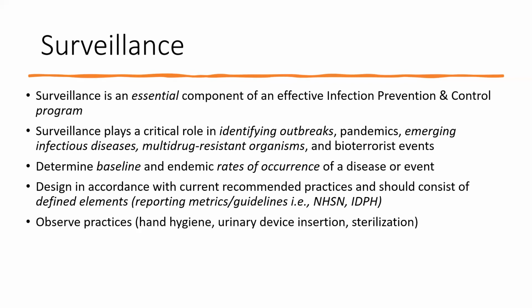It determines the baseline and endemic rates of occurrence of a disease or event, right? So it gives you a baseline of what you're seeing in your facility with regard to different organisms, what you see most often, less likely. That way you have a threshold, and you're able to determine, when counts are above or below the threshold, whether or not an intervention is warranted.